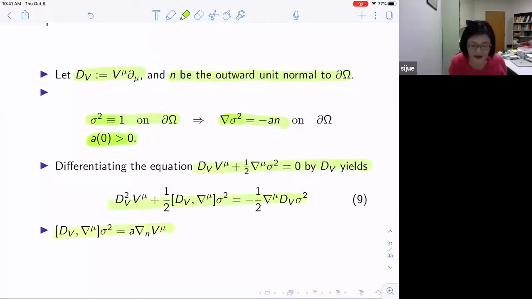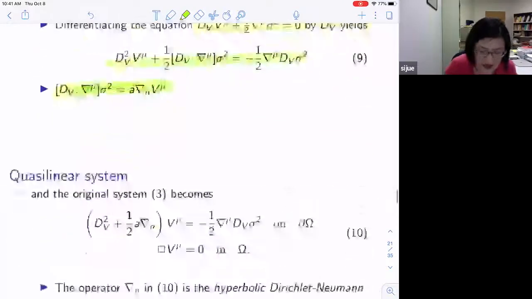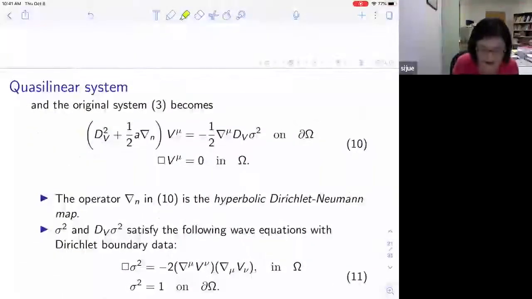And this you can calculate, it gives you A times the hyperbolic Dirichlet-to-Neumann operator. Now we got this equation, which formally looks very similar to the Newtonian case, but there's a crucial difference.